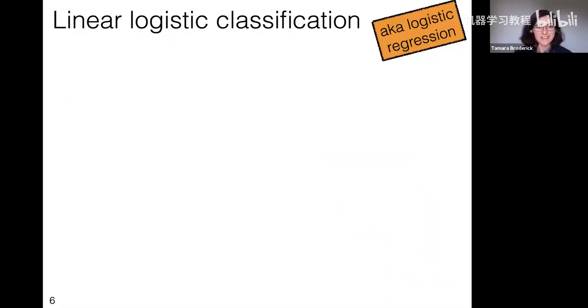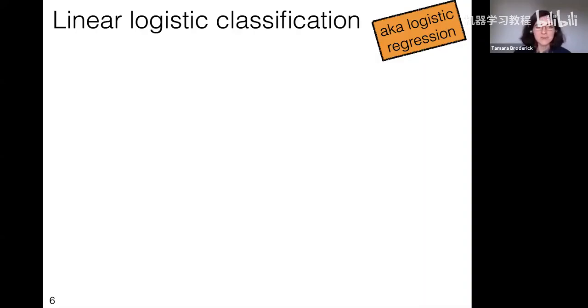So when we do that, that is called one of two things. One way we might call it is linear logistic classification, because it's classification. We're trying to decide whether I wear a coat or not. That's a binary classification problem. We used a logistic function, also known as a sigmoid function, and we saw that there was that linear component, theta transpose x plus theta naught.